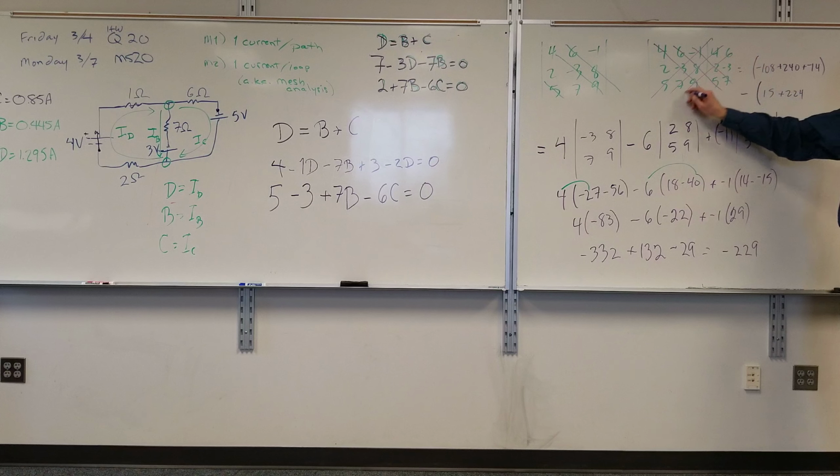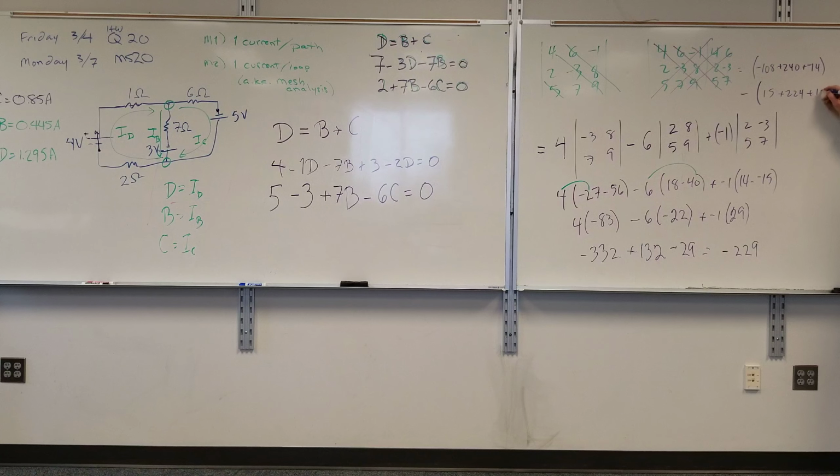And then 6 times 2 times 9. So starting up, it's the left to right, going down, add those up, minus the ones going in the other direction. And I hope you get negative 229. If not, there's an error somewhere.